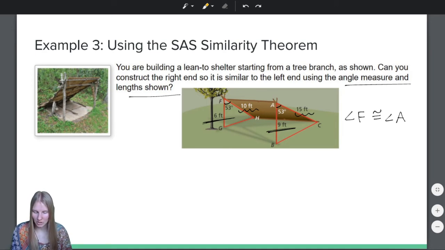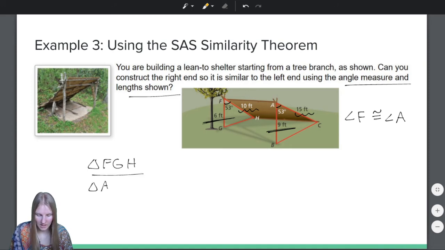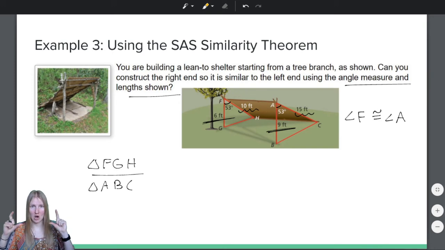So what we're going to do is put triangle FGH on top, and we'll put triangle ABC on the bottom. It doesn't matter if you want to switch them around, it's whatever you want as long as you stay consistent.